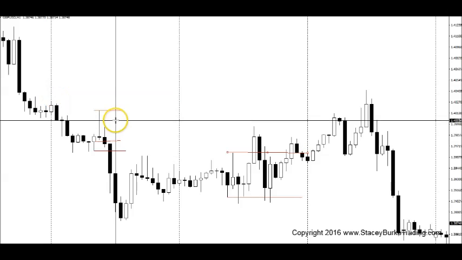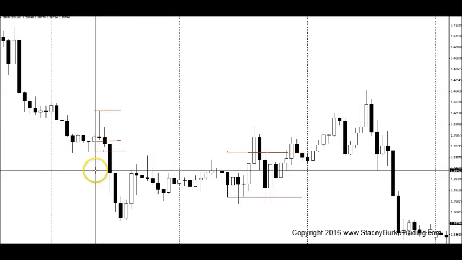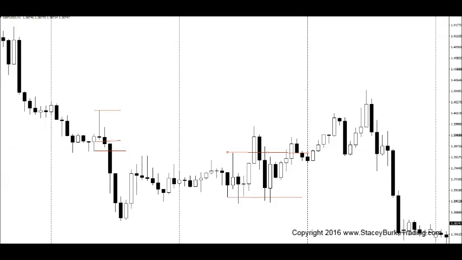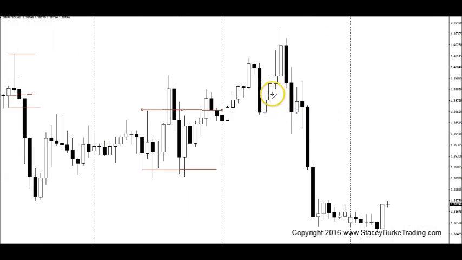Again, this is just one component, but if you start to understand the initial balance, obviously you can combine that with some of your other technical analysis. But even on these shorter time frames, the market can give you some huge opportunities.